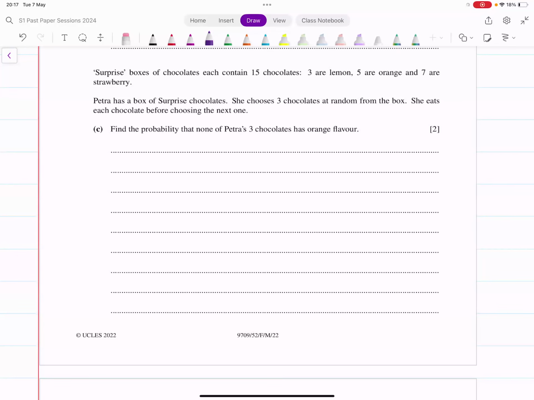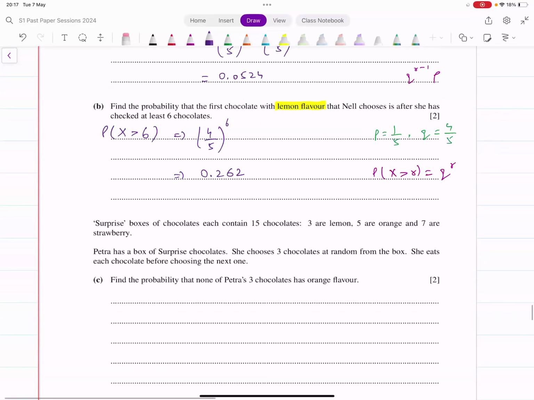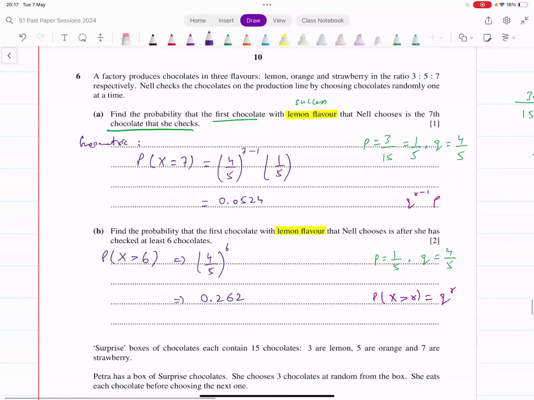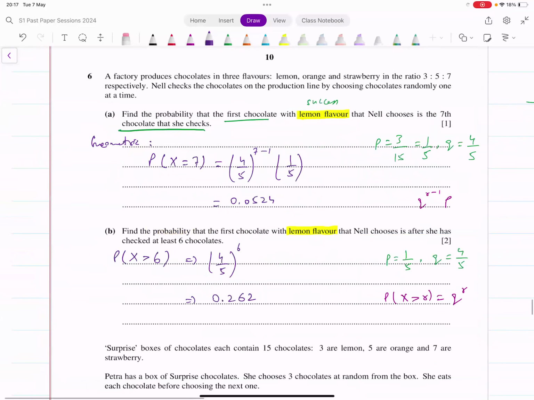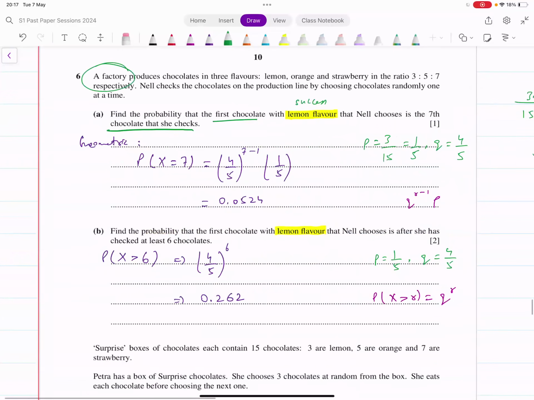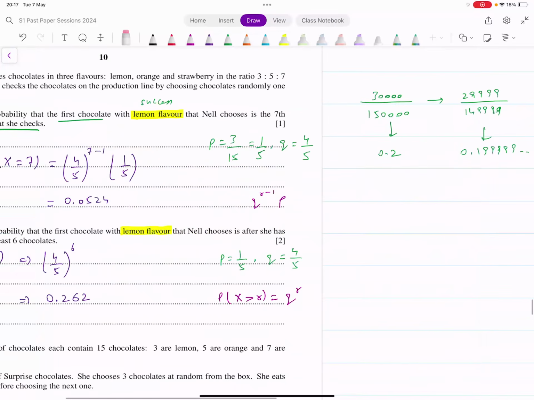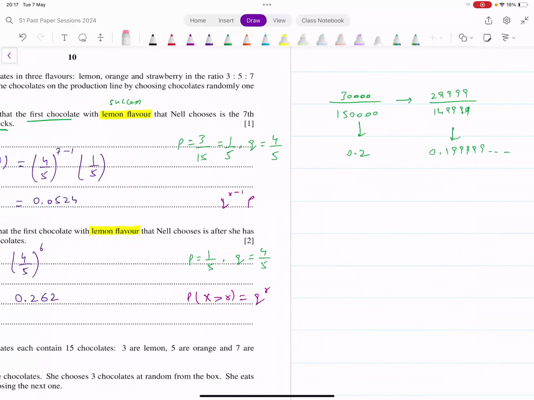Now, notice the difference between this part and the previous one. Remember, here we had a factory, and we assumed the supply of chocolates to be kind of unlimited. So the probability of getting a certain flavor was not changing significantly. So we assumed the probability to remain constant.